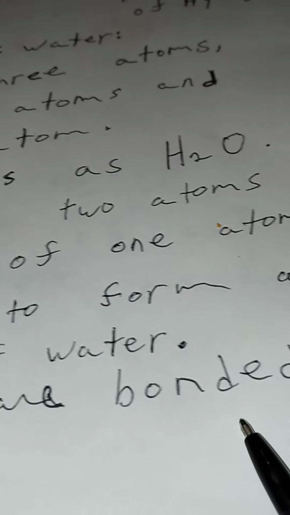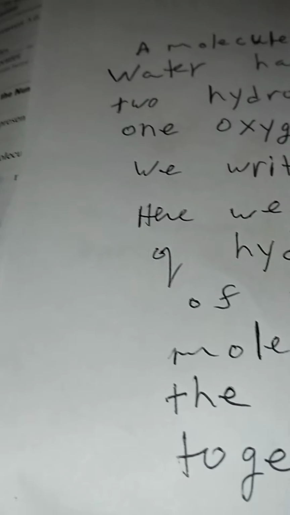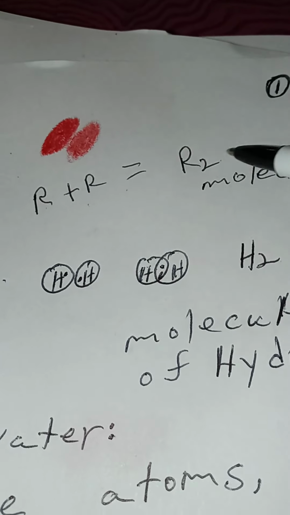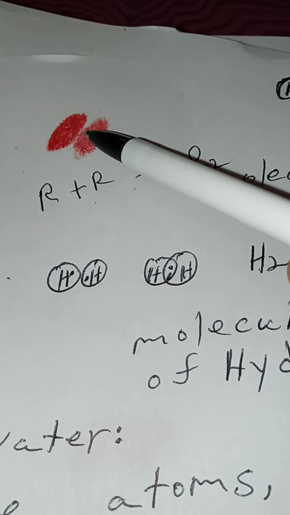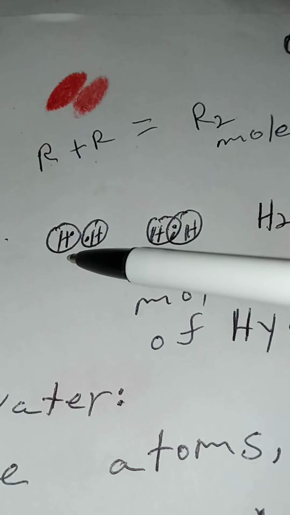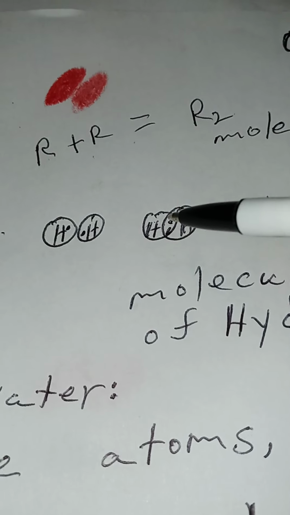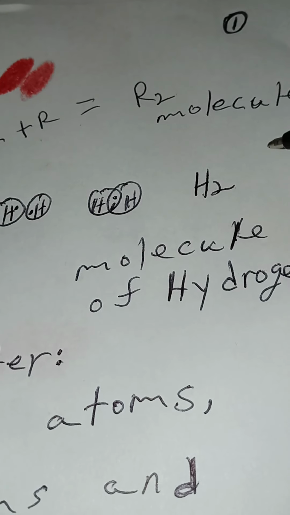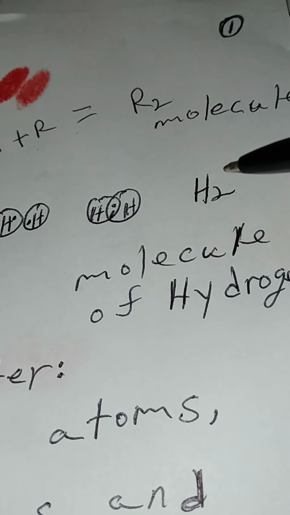So here we have a molecule of water, okay? The atoms are bonded together to form water. And you have H2. Remember up here, we got an R2 when 2 red spots got together, capital R, and you got 2 hydrogen right here. And when 2 hydrogen got together, because you have 2 electrons right here, 2 little dots of electron in the yellow shell, they got together to make H2.